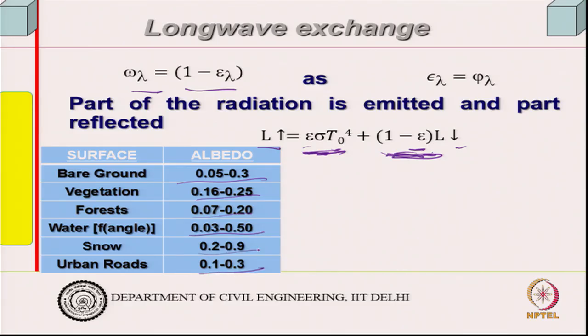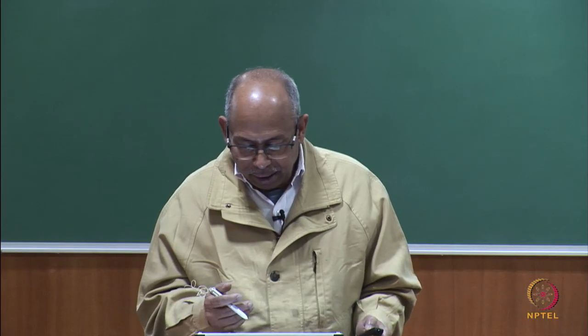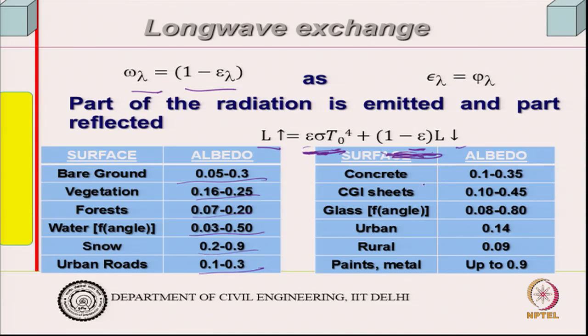Snow gives away most of it, because it is white, so it will reflect everything. And concrete, which is relevant for us, is 0.1 to 0.35, and CGI sheet can go something like this. There are ranges; I have just picked up a small portion of it.